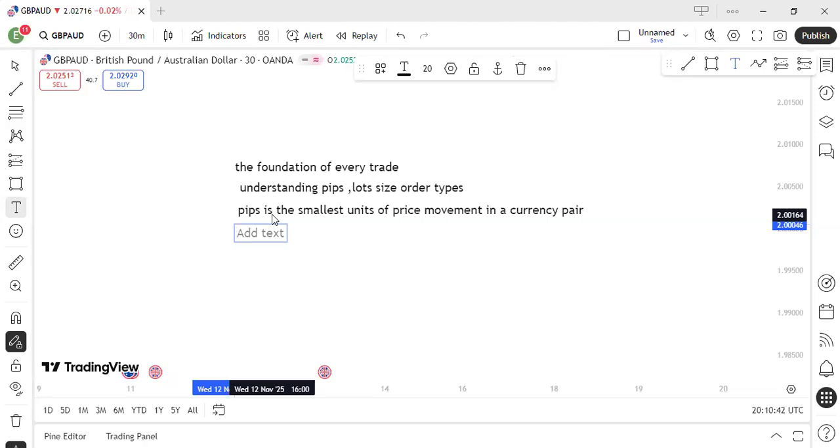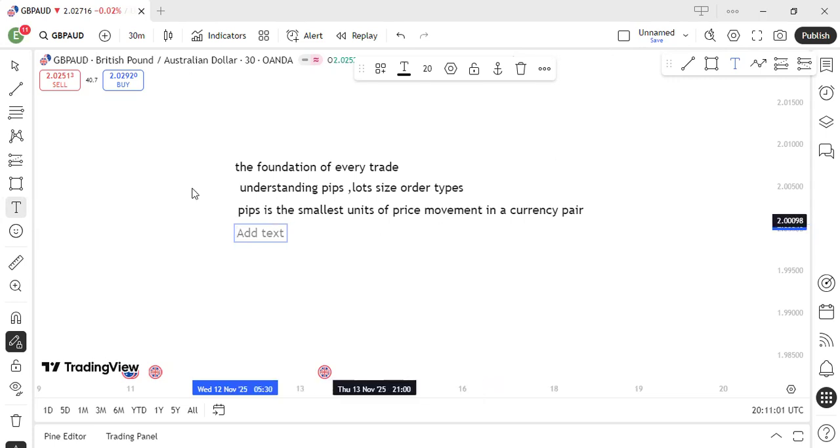That 500,000 is the tag price of the laptop. That means if I want to buy the laptop, I need 500,000. So when we talk about price, it's just the amount that is being placed on a currency. Are you with me? Pips is the smallest unit of price movement in a currency.